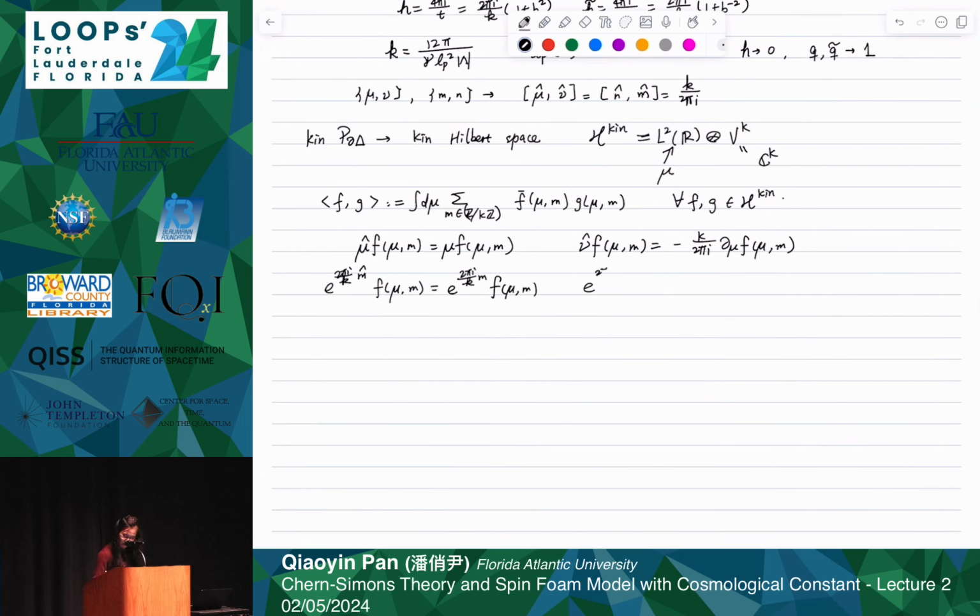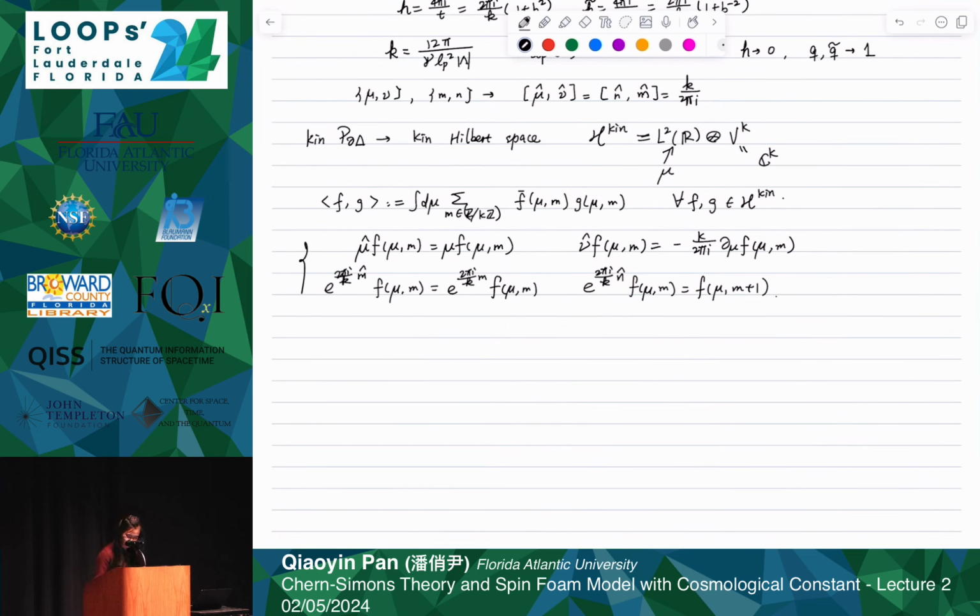And the n hat acts on the same function by shifting this m by 1. So that's how they act on functions of the Hilbert space.